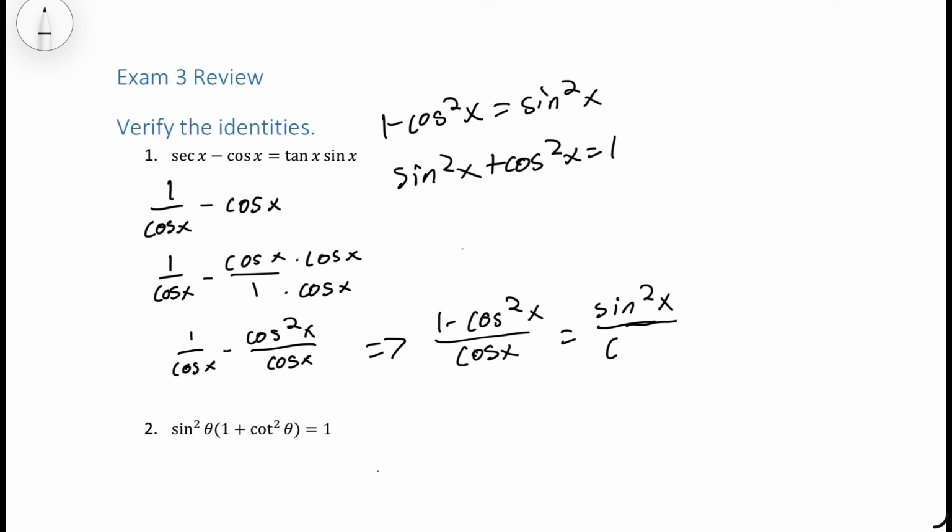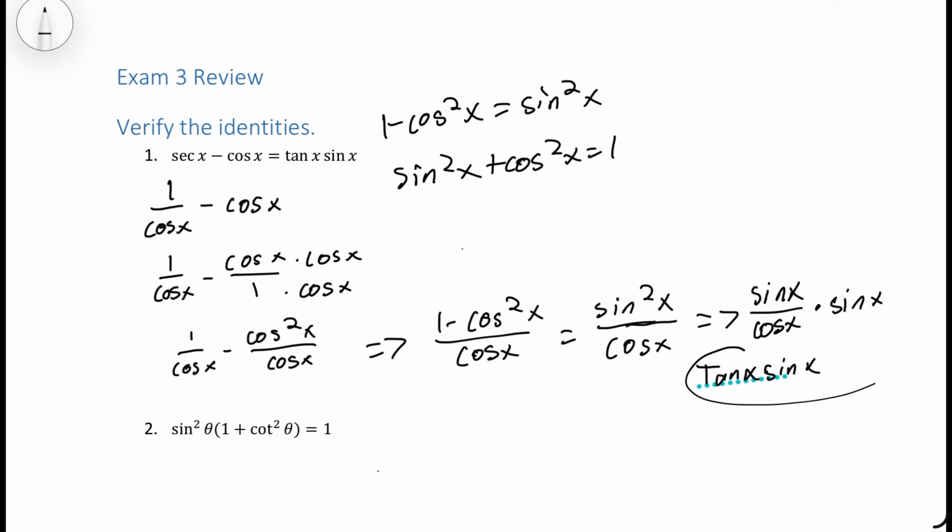And we're left with sine squared x over cosine x. And then simplify further to sine x over cosine x times sine x. And then we know sine x over cosine x equals tangent x. And then we still have the sine x.